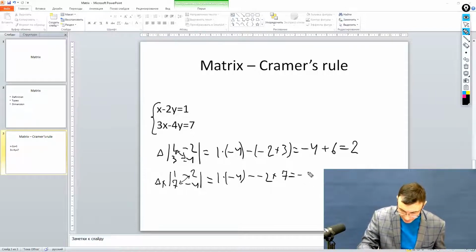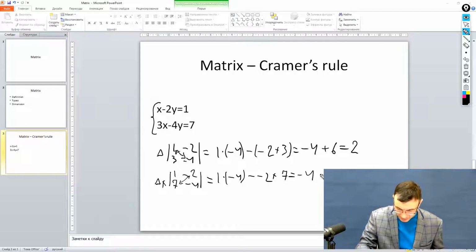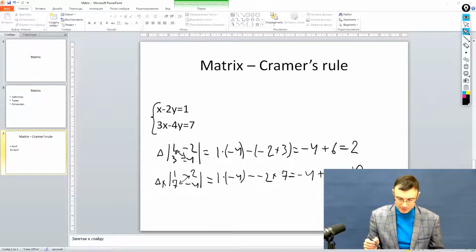So we have as a result minus 4 plus 14, and it goes to 10.